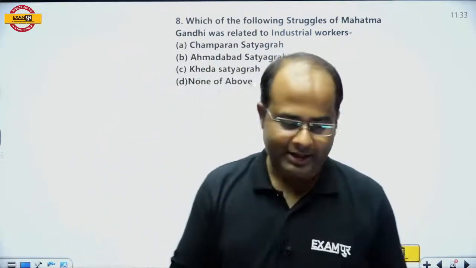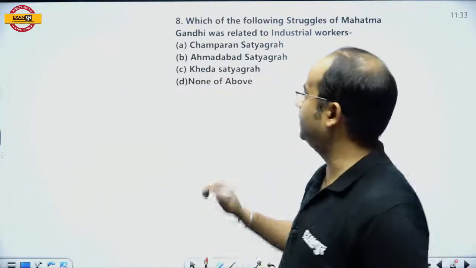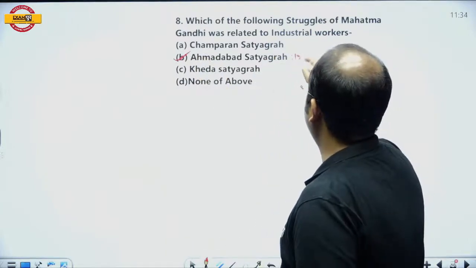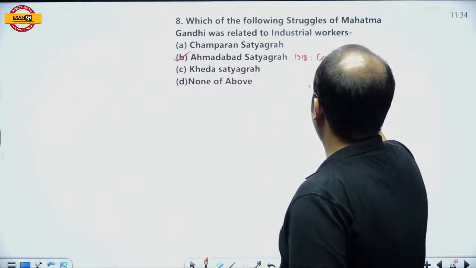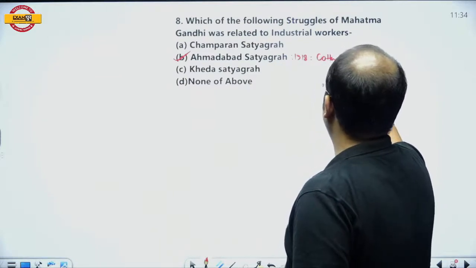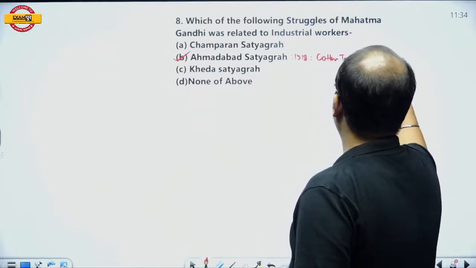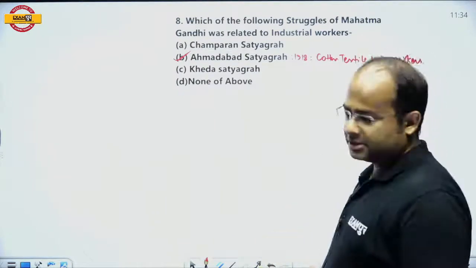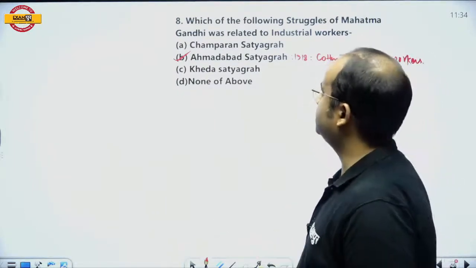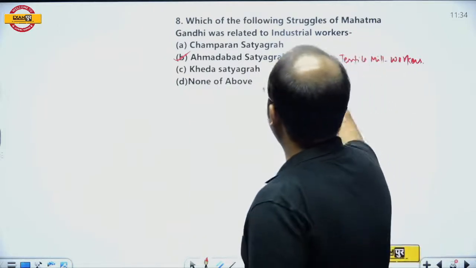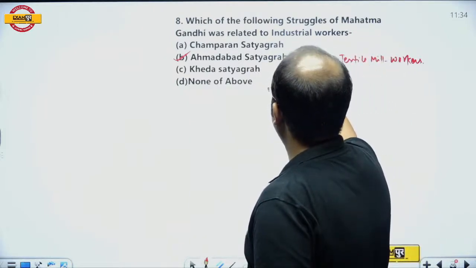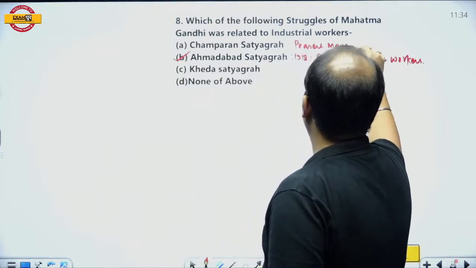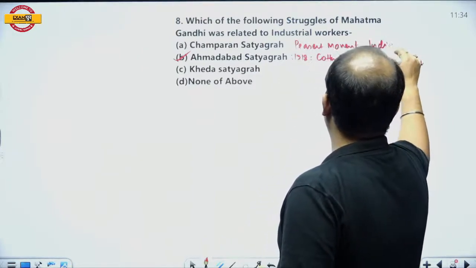Very good. So that is Ahmedabad. The Ahmedabad mill movement happened in 1918 for cotton textile mill workers. So the correct answer will be option B. Champaran was a peasant movement against indigo cultivation.